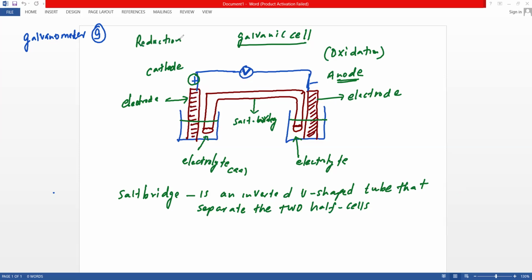Since the anode is the one that loses electrons, electrons will flow from anode to cathode. So if electrons are flowing from anode to cathode, the cathode could sometimes have an increase in mass.